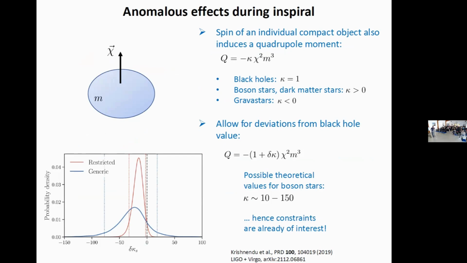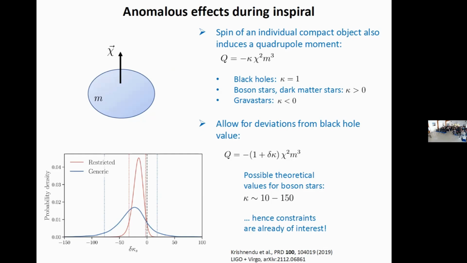And in fact, again, a quadrupole moment is induced by this centrifugal bulge. My pointer doesn't work, so I'll point with my finger. It goes like some constant kappa, times chi squared, the square of the dimensionless spin, times m cubed, the cube of the mass. This enters at second post-Newtonian order, so we have a better chance of seeing it, I guess.